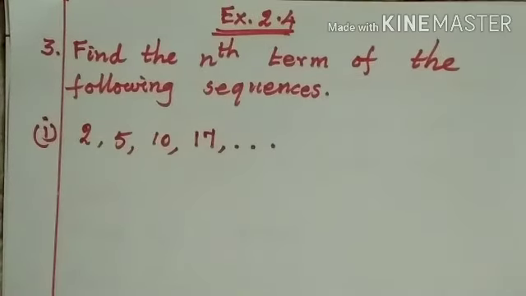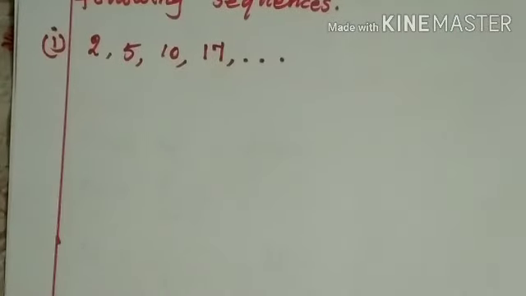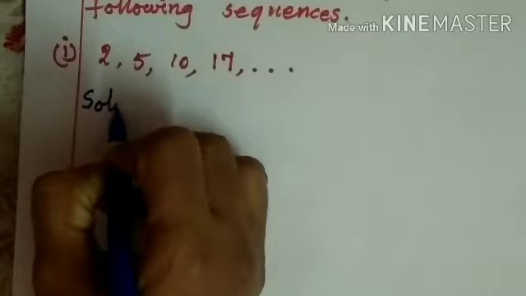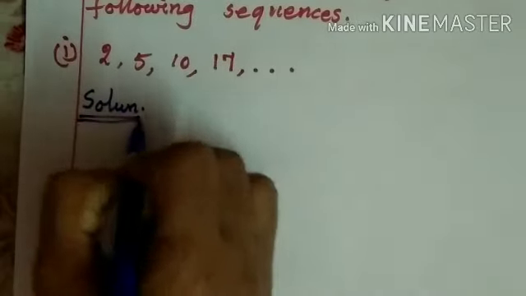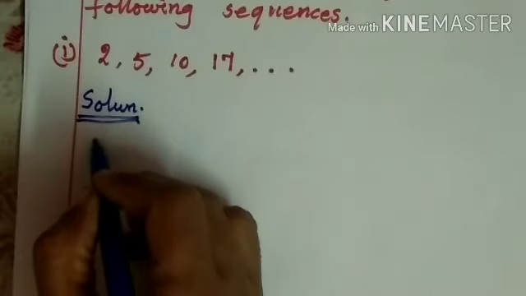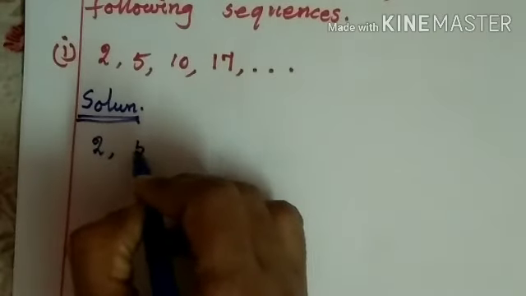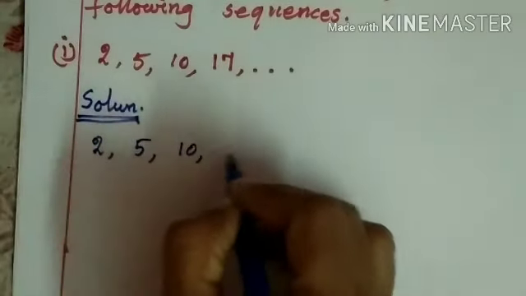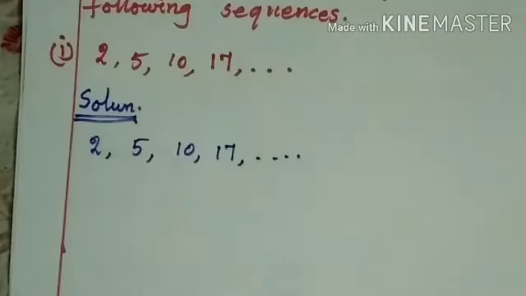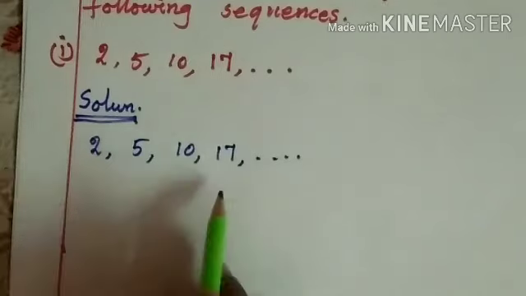Let us do the solution. In the solution, first you take down and write the given sequence, that is 2, 5, 10, 17 and so on. You have to observe this sequence.